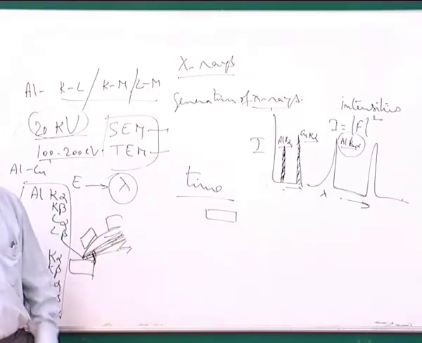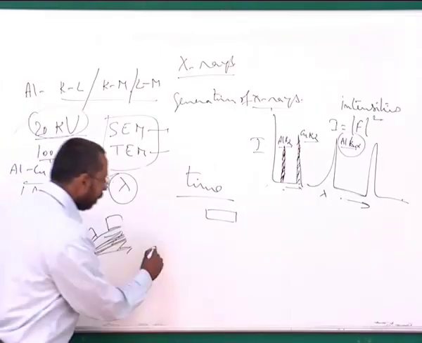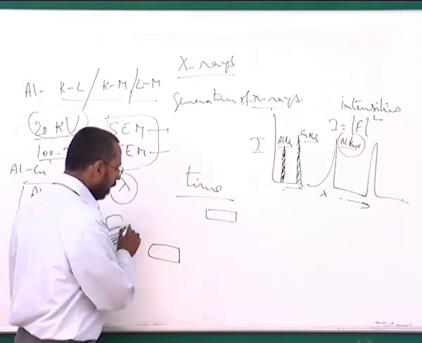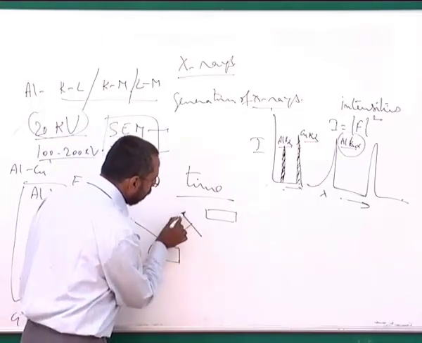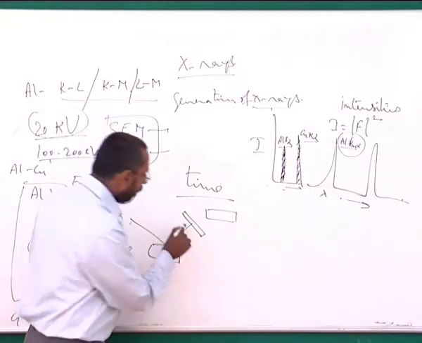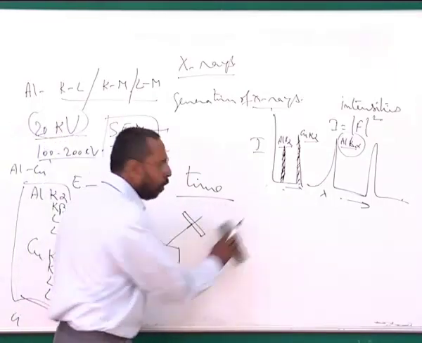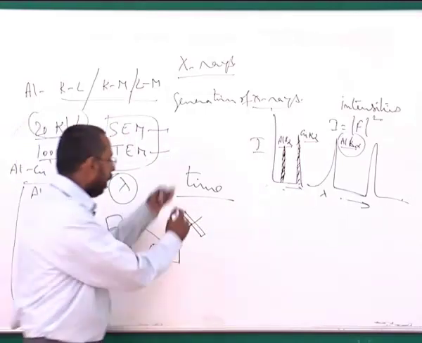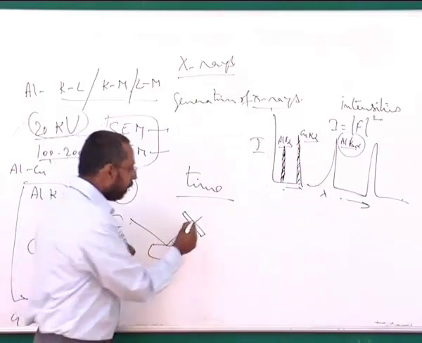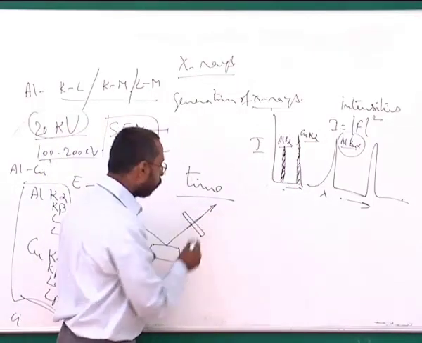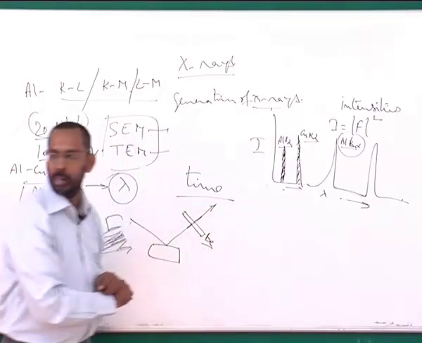One more important problem that we always feel is that when you have a sample and X-rays are coming out, these X-rays go through a small window and then are collected by this detector, which is kept outside. The whole SEM system is one, and the detector system is separate. So the X-rays to the detector go through a window, which is usually a beryllium window.